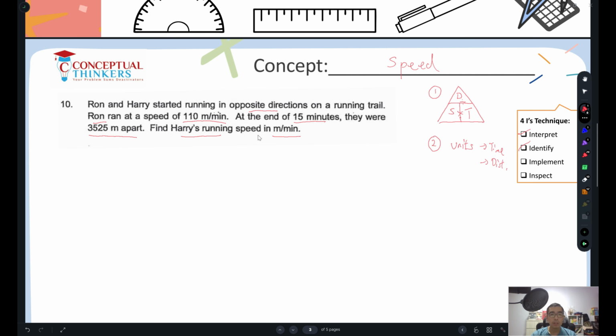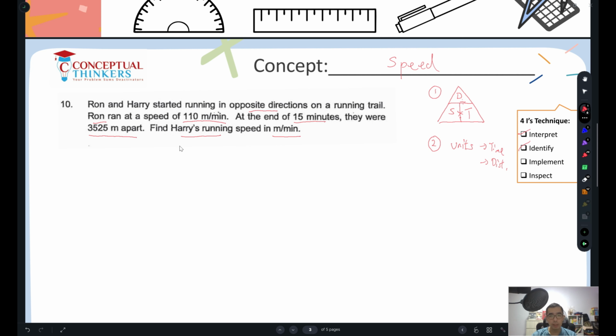Sometimes the unit for speed can be kilometers per hour, and the time taken is given in minutes. Then you have to convert the time to hours so that you can do the calculation, or else you will get a wrong answer. In this case it's meters per minute, so we will stick to that.